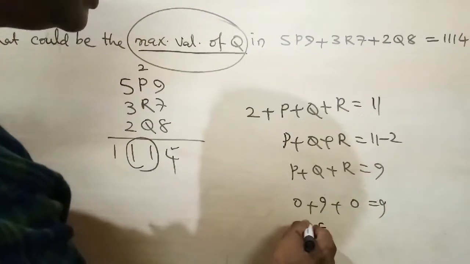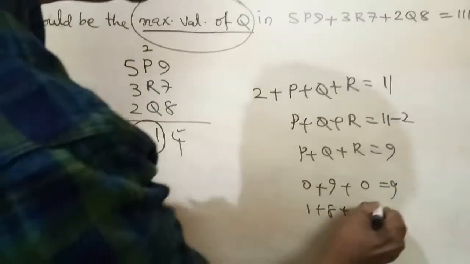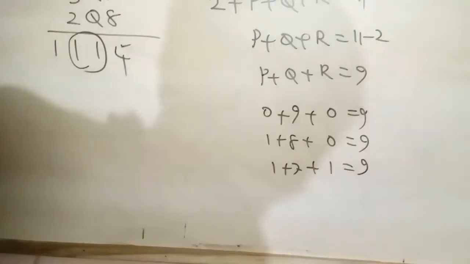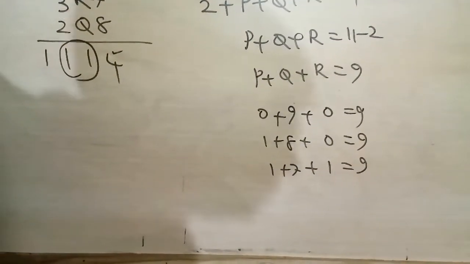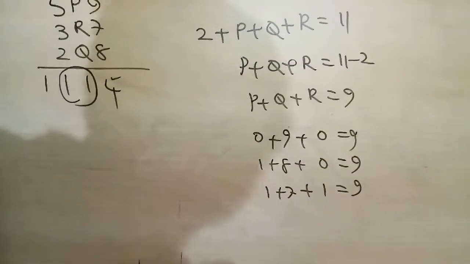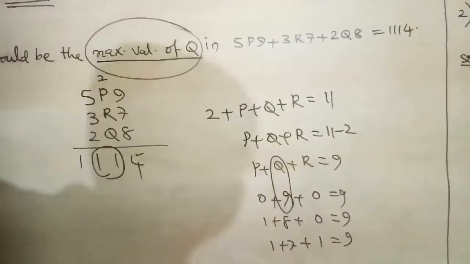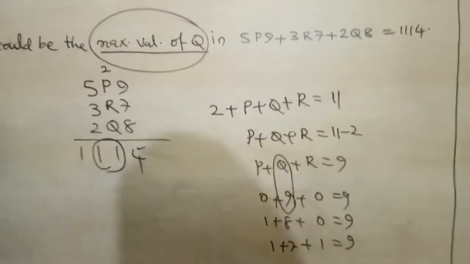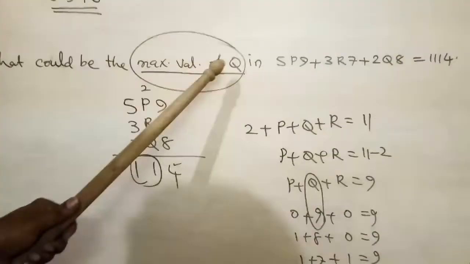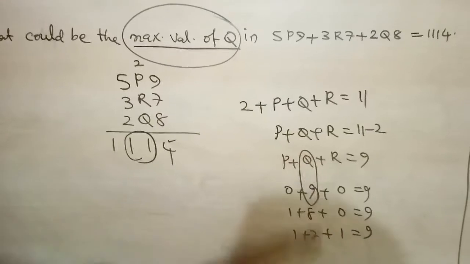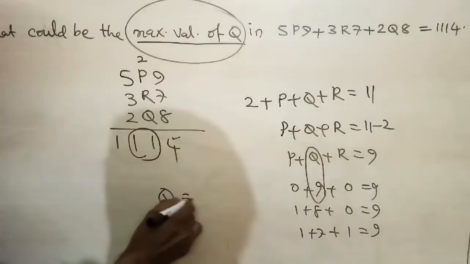Here 8 plus 1 plus 0 is also 9. 7 plus 1 plus 1 is also 9. Like this we may write so many pairs of numbers. But in all these, only here we get the maximum value of q. Therefore the maximum value of q may be 9. Therefore q is equal to 9.